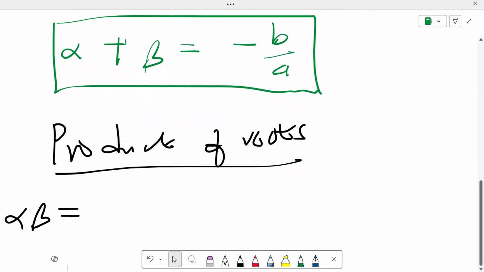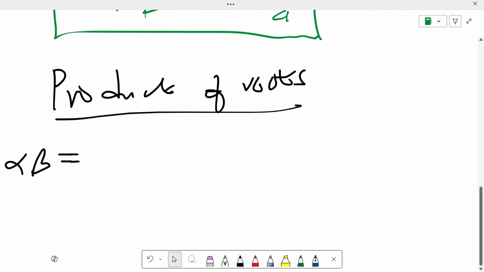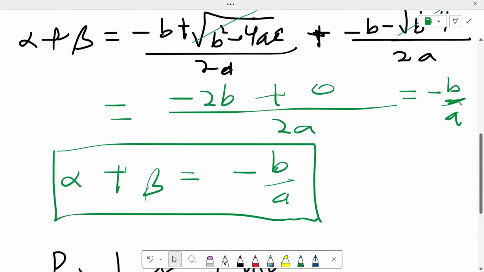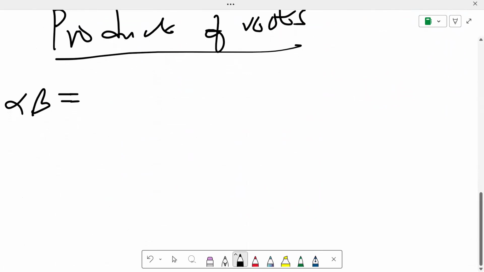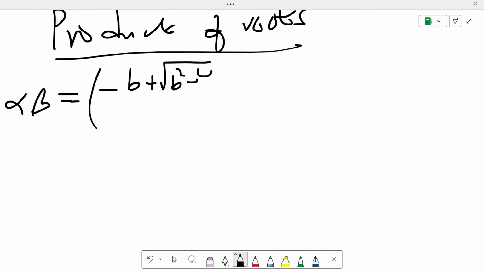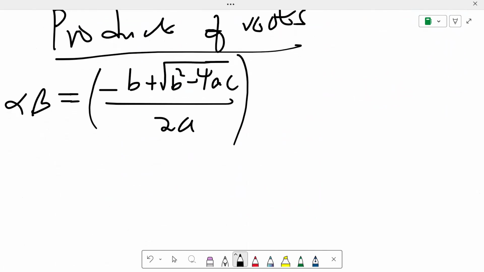So right away, let us see how we'll do that. So this is alpha. We're now moving on to beta.